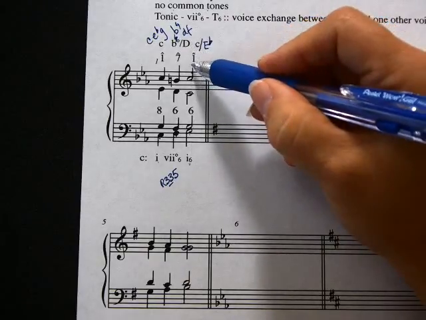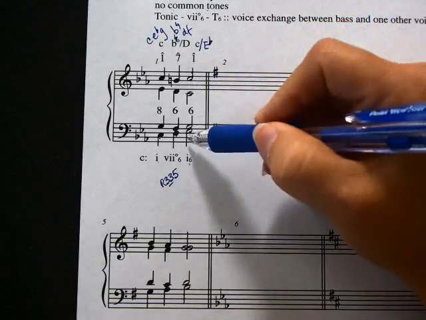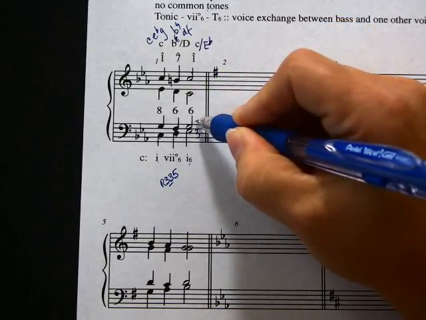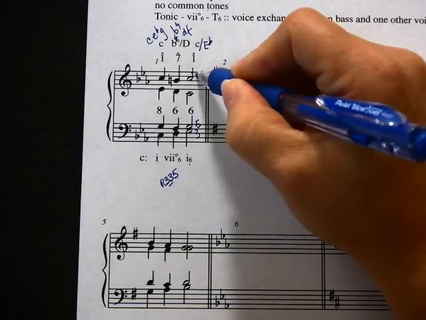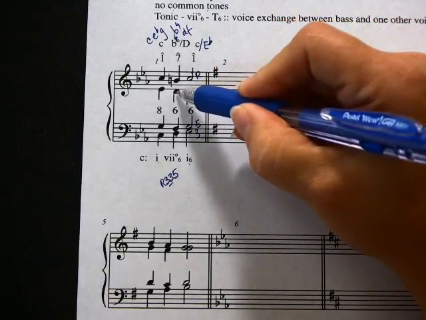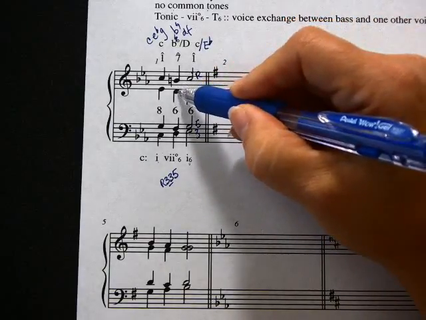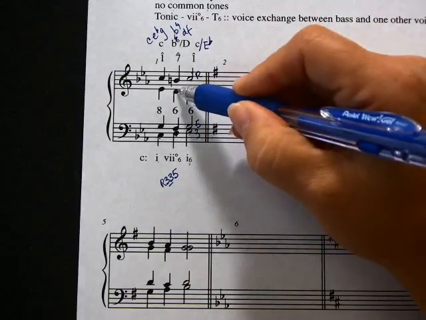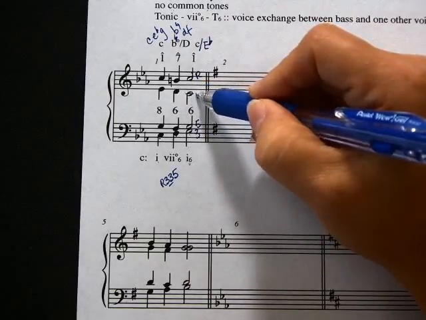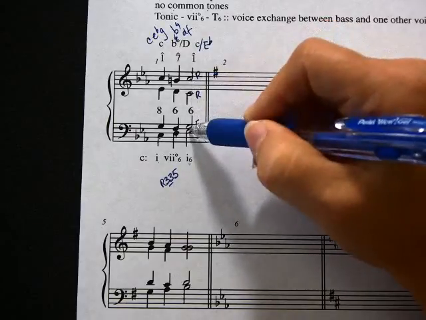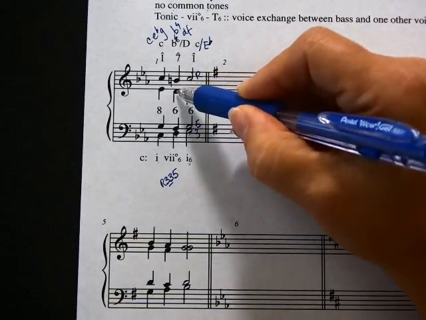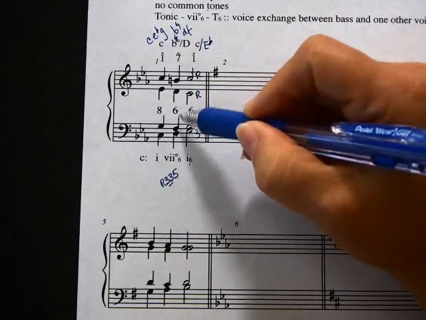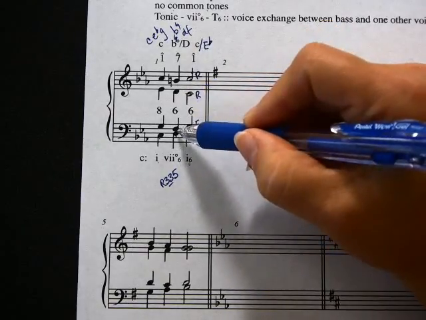We were attempting to double the root. Third was in the bass, fifth in the tenor, root in the soprano. The D in the alto moves contrary to everybody else to double the root. Root, root, third, fifth. The D could not ascend like everybody else because the bass is already moving D, E flat.